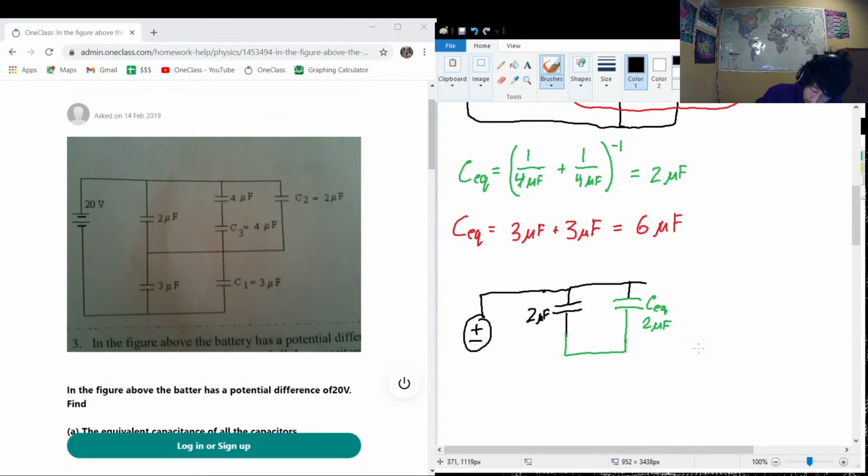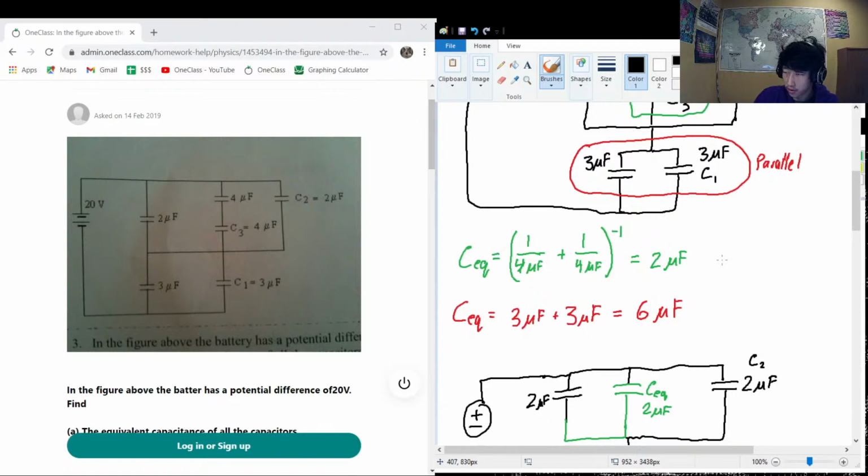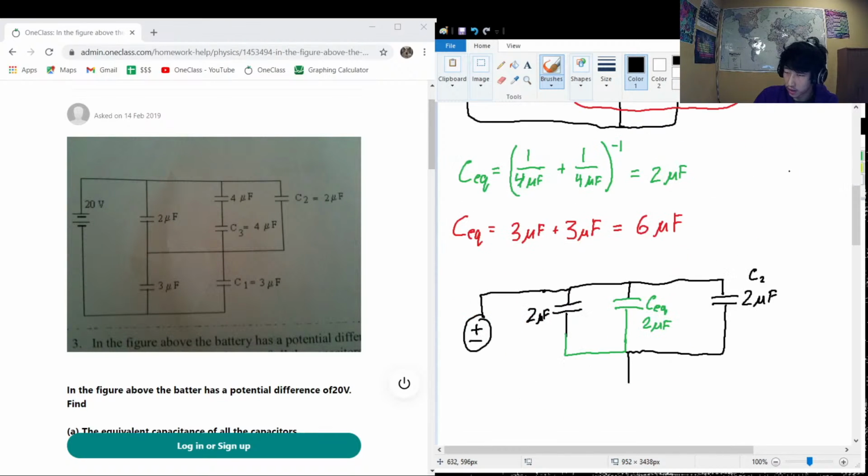The other one was untouched, this was 2 microfarads, C2. Those came together towards the branch that we circled in red, so that's the red CEQ. We combine that into a single capacitor that we found to be 6 microfarads. And this is our next step in our circuit.